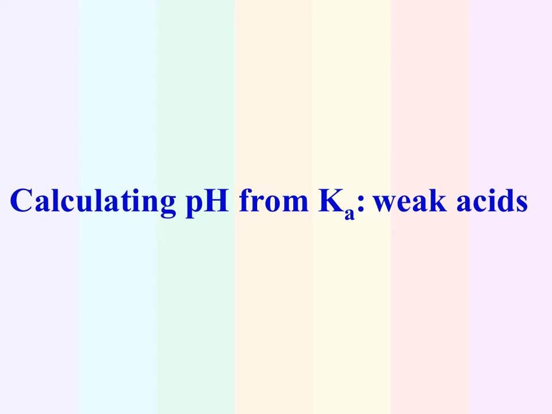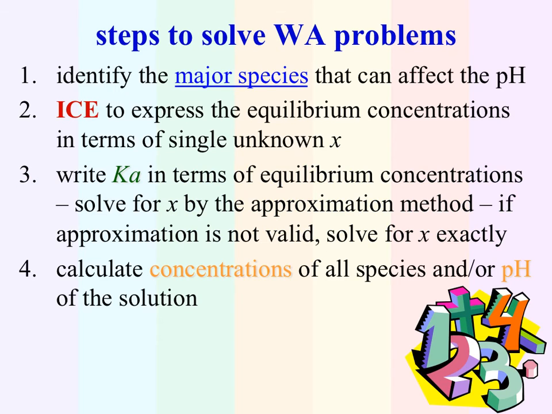Let's go ahead and look at how to calculate pH from Ka when we're dealing with weak acids. In order to do a weak acid problem, we need to do several steps. The first thing is we want to identify the major species that are in solution that can actually affect your pH. The next thing we're going to do is use an ice table to figure out the equilibrium concentrations. The next thing is to write our equilibrium expression with respect to Ka.